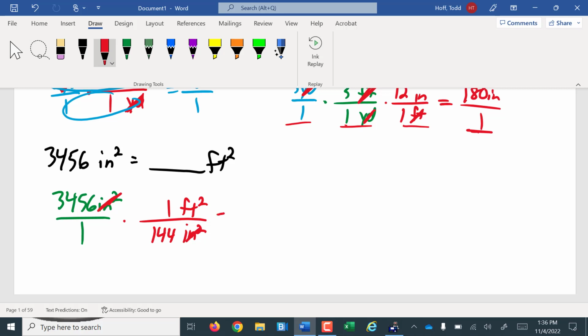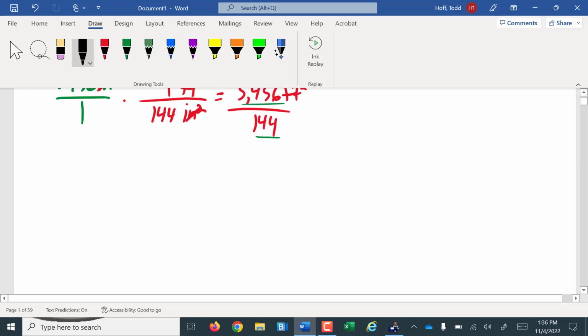So the square inches cancel out. So now it's 3,456 times 1 square foot. On bottom, 1 times 144 is 144. And here's one where we do have to divide this out. 3,456 divided by 144 is 24? Yes, perfect.